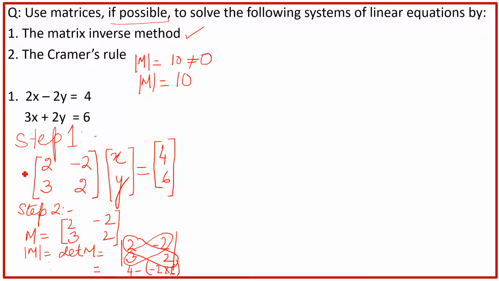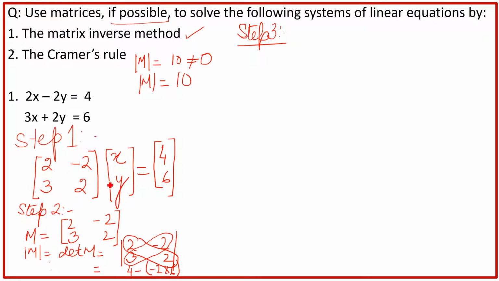This is the second step. Second step is to find the determinant, and then is the third step, step number 3. In step number 3, we are finding the value of x and y.